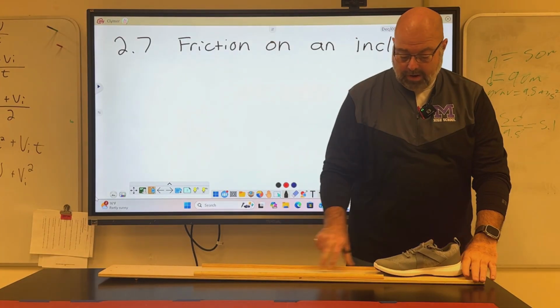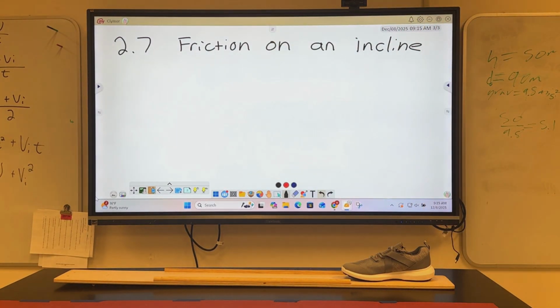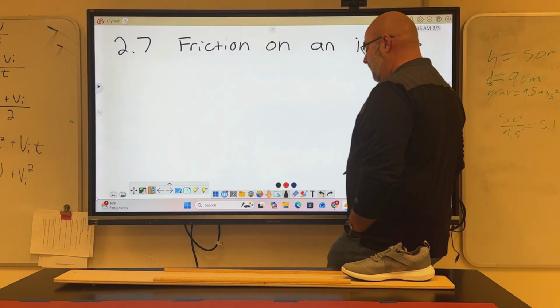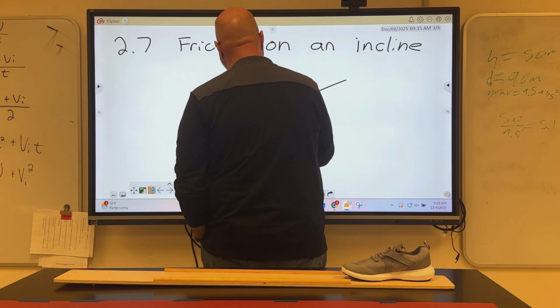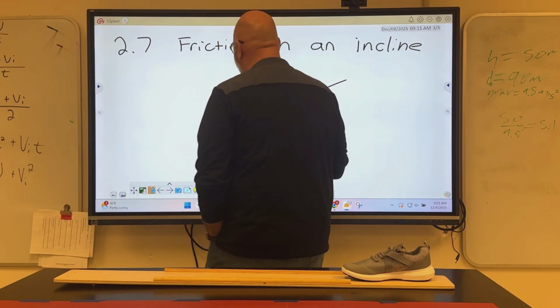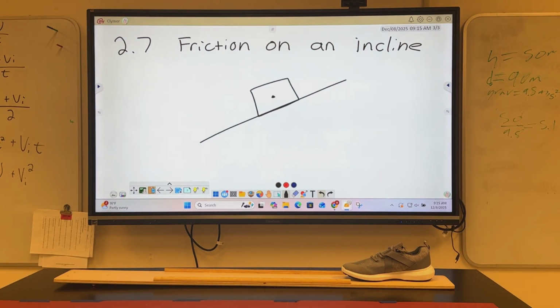All right, so that's all well and good. Let's draw our free body diagram here. What forces are we going to label on our free body diagram?